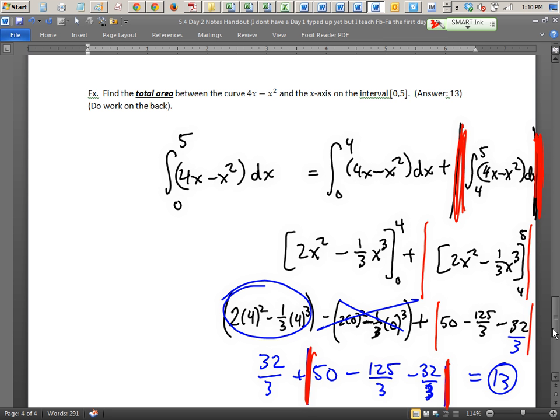Is there a way to make the calculator do this correctly the first time? Because the kids who got the wrong answer were doing it by just typing this, you know? And it's no wonder. Can you think of a way to type it so that the calculator would not be confused?